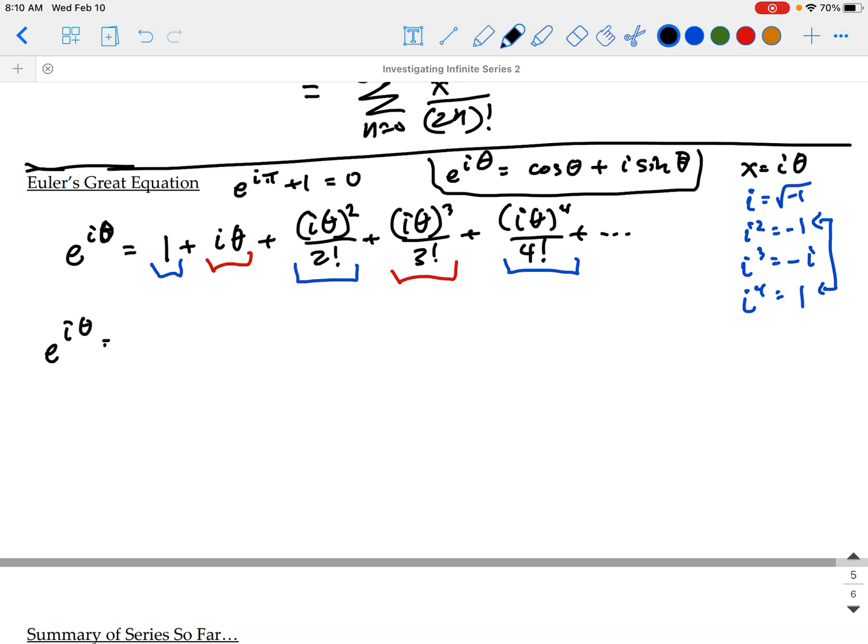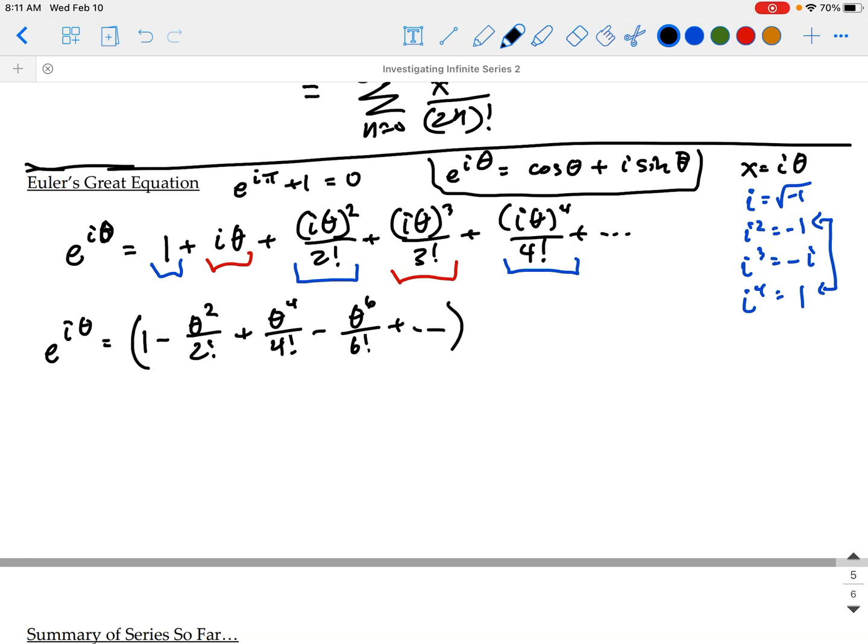So in other words, we can rewrite e to the I theta as 1 minus. So the i's will just disappear to -1s or +1s for all of those even terms. So from the 0th term, the 2nd and 4th terms, etc. So this will become theta squared over 2 factorial plus theta to the 4th over 4 factorial minus theta to the 6th over 6 factorial.